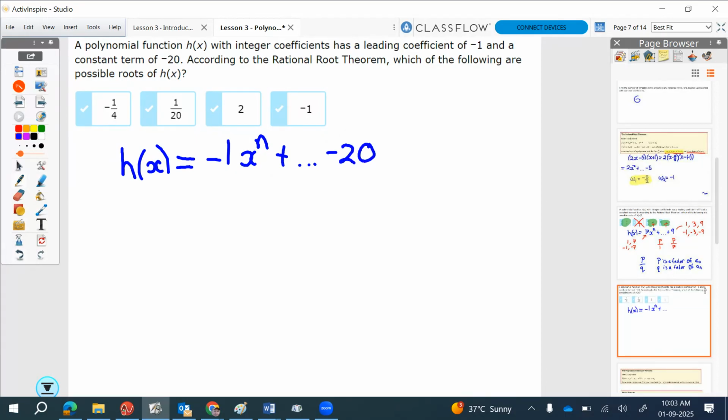We can see this. So the factors of q are going to be 1 or minus 1. The factors of p are going to be 1, 2, 4, 5, 10, 20, and negative 1, negative 2, and negatives.